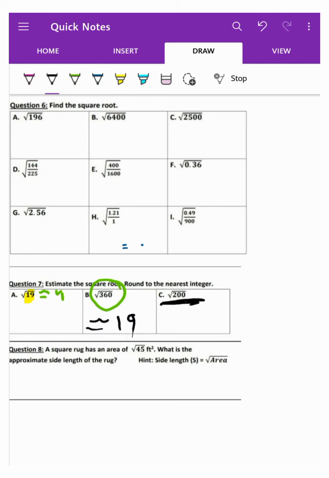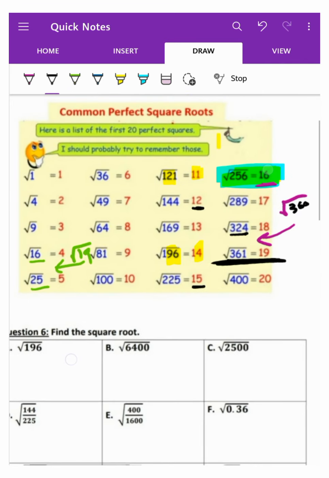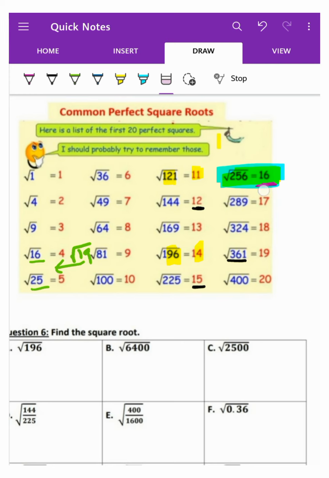200 is not a perfect square, but you can find it between the 196 and 225.